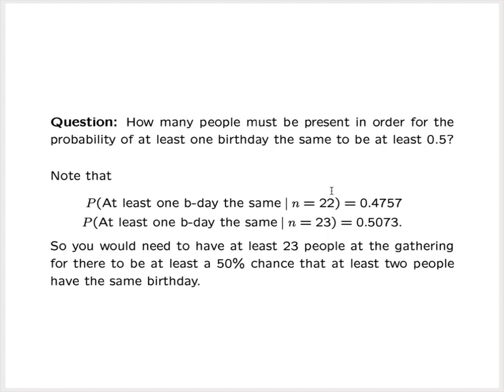If you plug in 22, you'll find that the probability is 0.4757, so 22 people is not quite enough. But with 23 people, the probability is just a little bit over 0.5. So you would need at least 23 people at the gathering for there to be at least a 50% chance that at least two people have the same birthday.